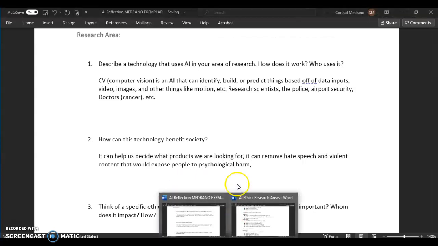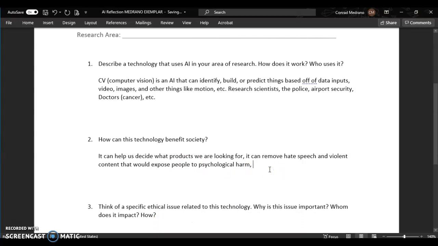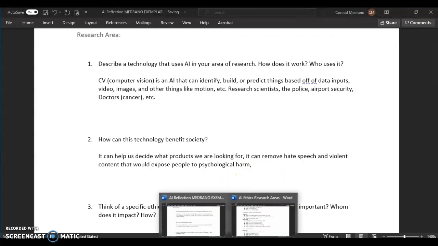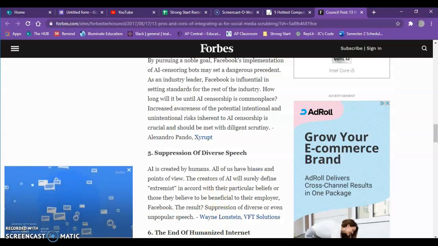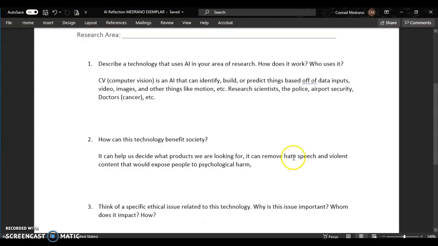And one other thing, because I want to make sure that I'm as thorough as possible. So how can this technology benefit society? Let me check my little research thing again. AI, social media, and elections. We had talked about that. So let's talk about the election then. Oh, that is the wrong one.